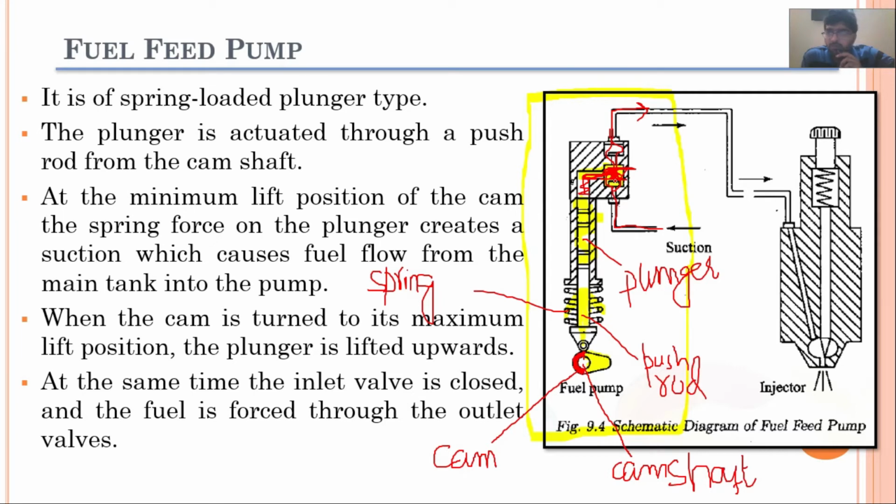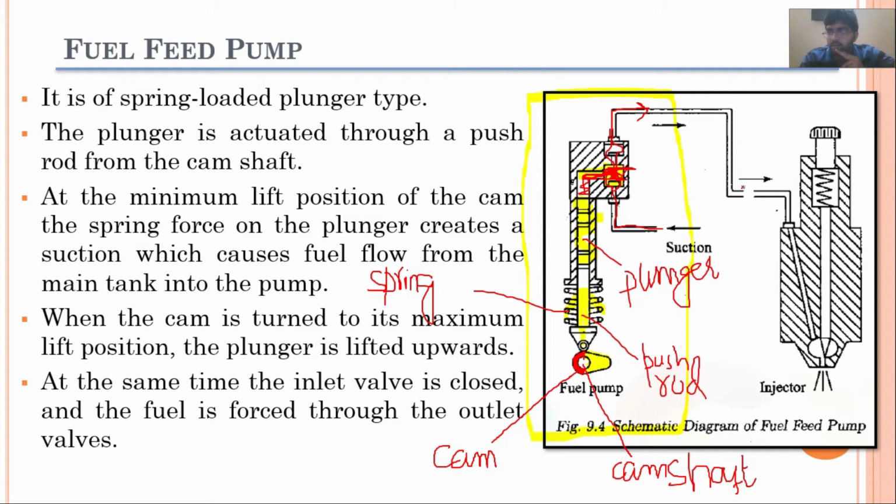And now moving forward, here you can see that after the fuel feed pump, the injector is shown in the schematic. There wouldn't only be the injector, there will be the filters and injection pump in between.